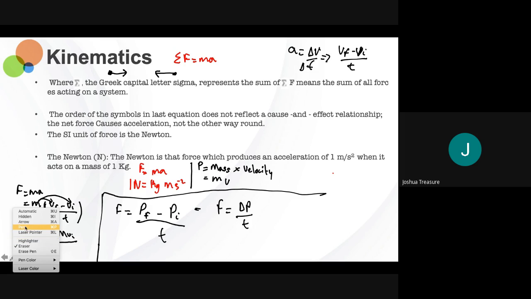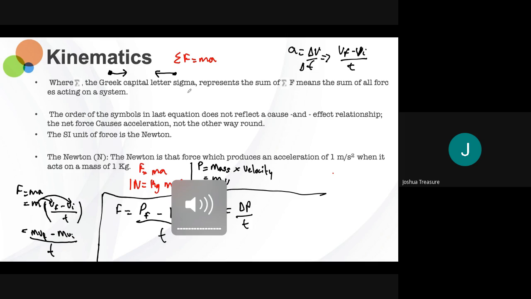Sir, can you please repeat the last part that you discussed, sir? The last momentum thing. Where exactly? Oh, about the light post? Yes, sir.